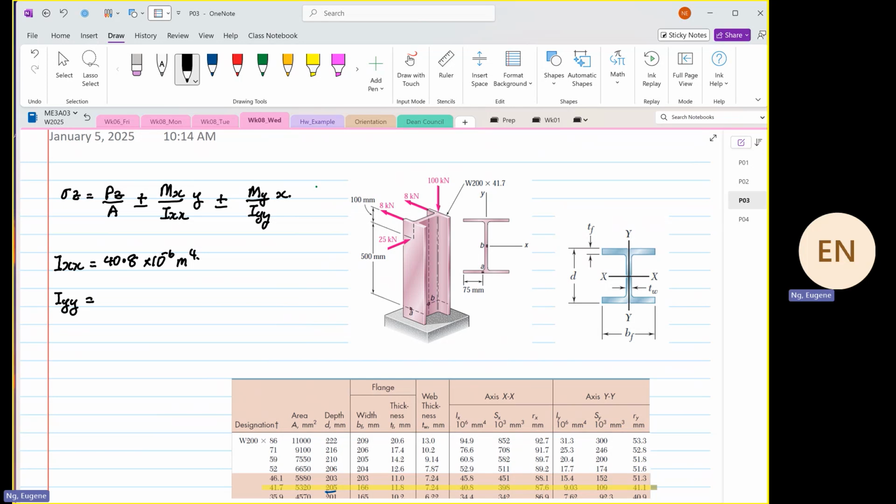Iyy is 9.03 times 10 to the power minus 6 meter 4. And our cross-sectional area is equal to what? 5320 times 10 to the power minus 6 meter squared. Okay. So what do we have now? We are good to go.